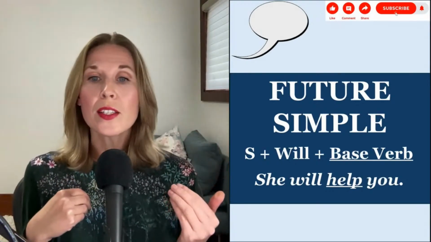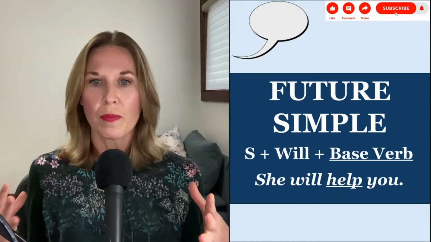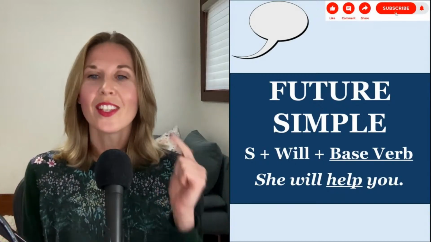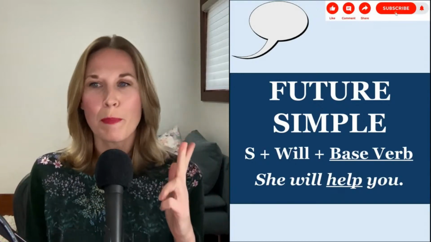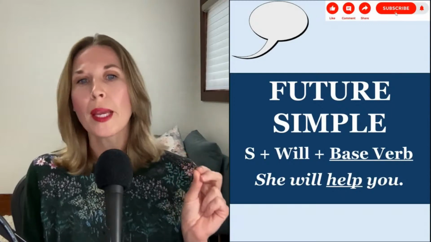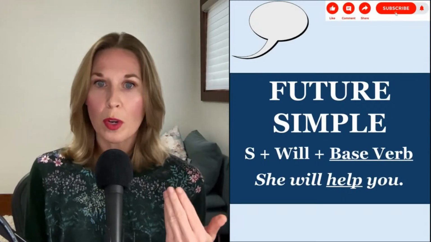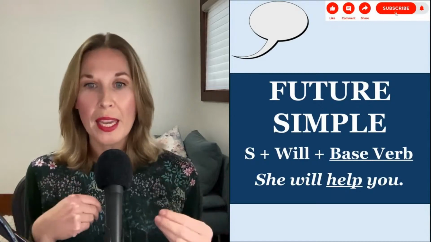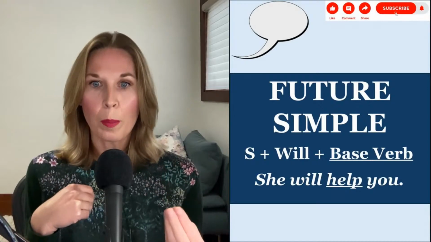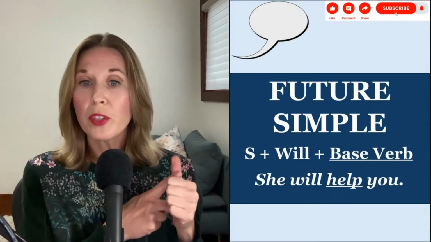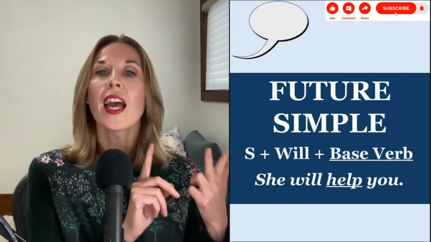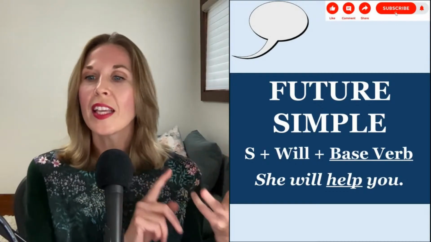All subjects use the same structure. You have subject, you have will, and you have base verb. The base verb is the infinitive without to. So if the infinitive were to help, then the base verb is simply help, like you see here. So your subject, she, will, and then your base verb, help.